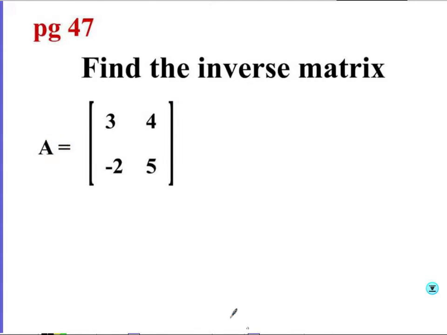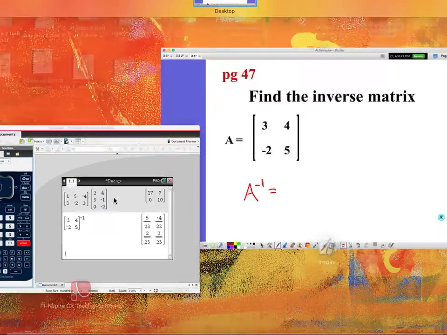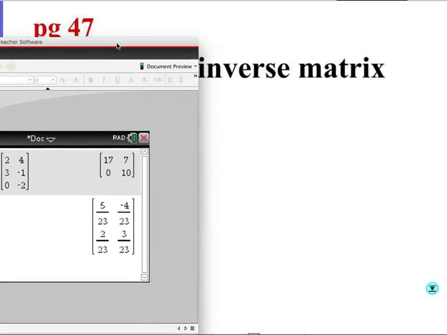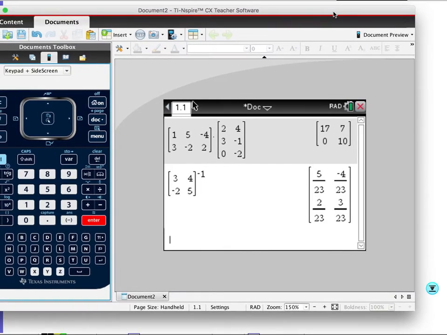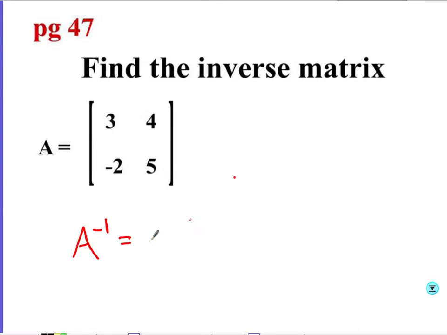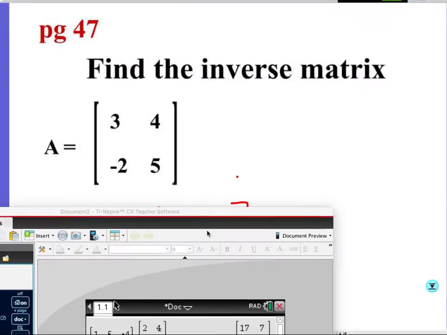So the inverse matrix of A is going to be this right here, 5/23, basically all those numbers inside there.